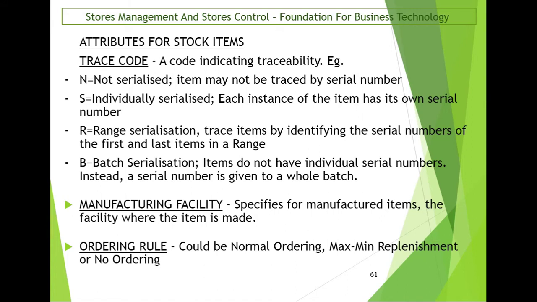Then you also have another form of traceability, which is the batch serialization. In this case, the items do not have individual serial numbers, but instead the serial number is given to the whole batch. So that normally happens where you are producing things in mass.